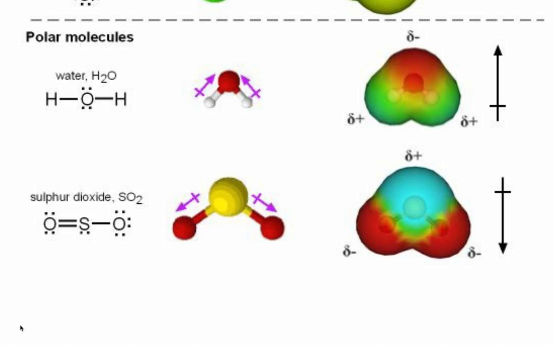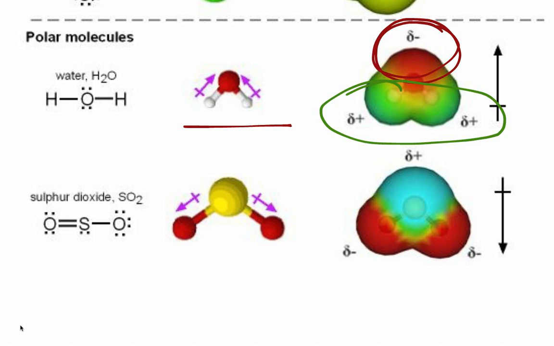Here's water again with its bent structure, so that charge is concentrating on the oxygen, and there's a partially positive side where the hydrogen is. Notice just one more example. Notice the sulfur dioxide, and notice sulfur dioxide has trigonal planar electron geometry because of the 2 bonds and the lone pair, but that ends up in a bent type of shape where the oxygens are more electronegative than the sulfur.